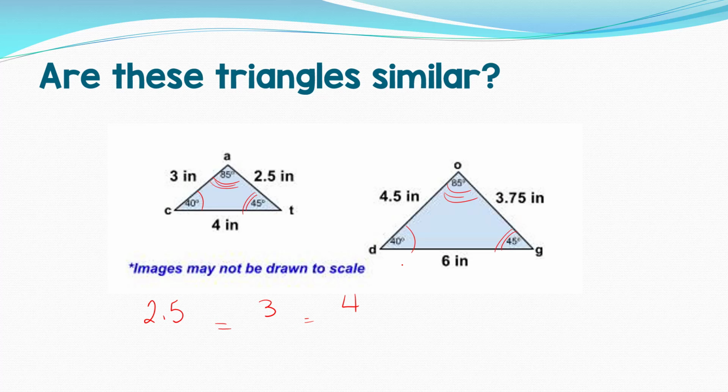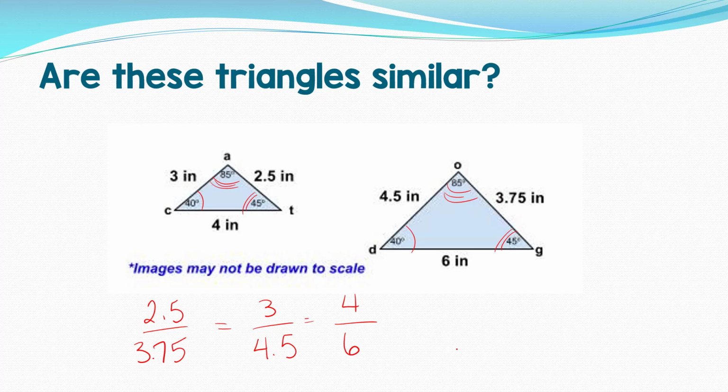If you just go smallest to biggest, that's how they have to match up. So you don't have to worry too much about what side goes with what if you just list them out from smallest to largest.